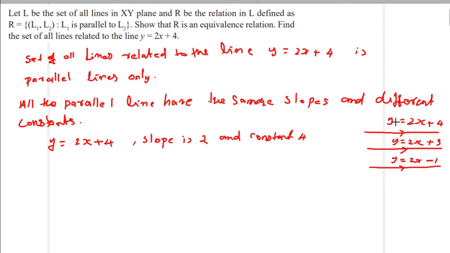The only difference is that one line's equation is y equal to 2x plus 4, and another one differs only in the constant term.